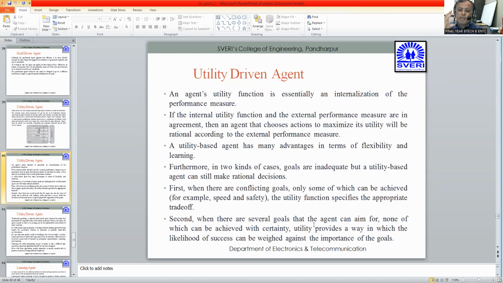So based upon the importance of the goal and the chances of likelihood, है ना, कि भाई ये अचीव हो सकता है, and that is more important. So accordingly it will take the decision.